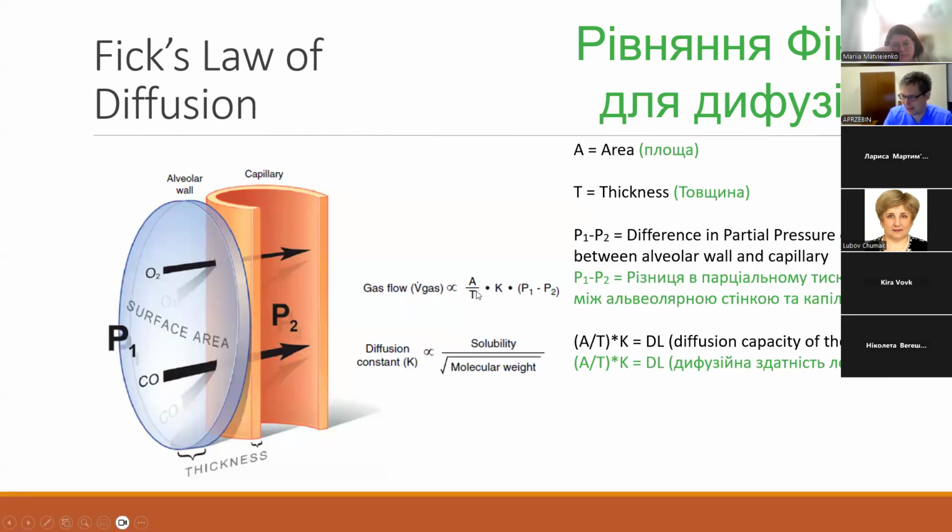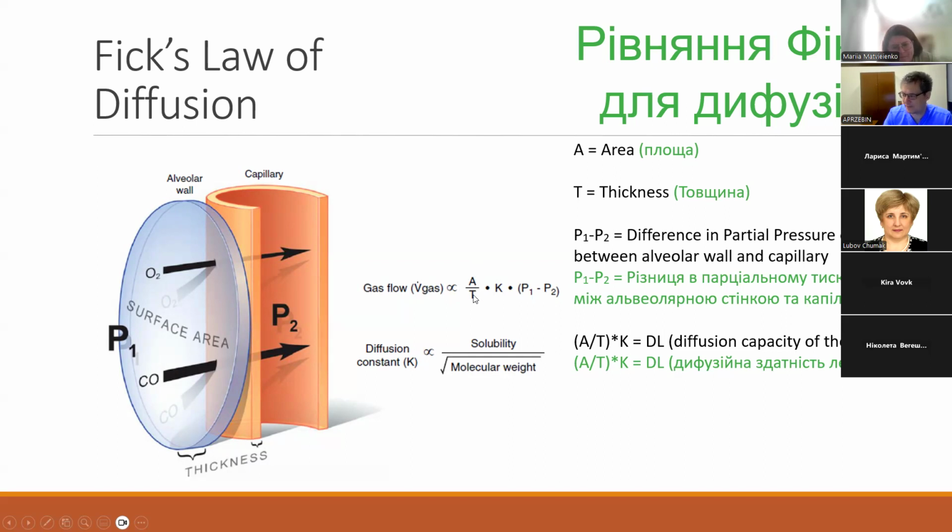But you can imagine if you take the whole lung unit, this is some constant. And this K is dependent on the solubility of the gas, carbon monoxide in this case, and the molecular weight. So this all can be combined into one term.